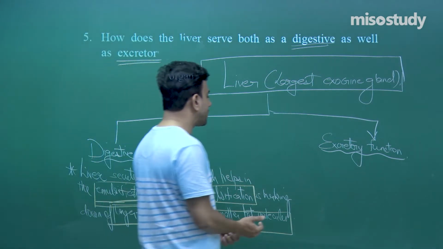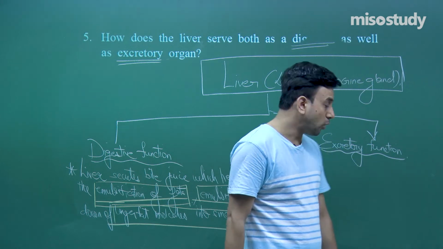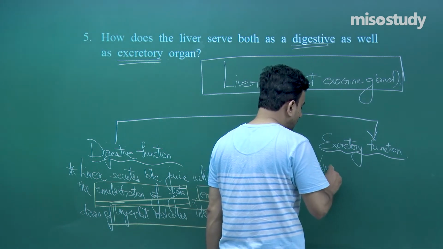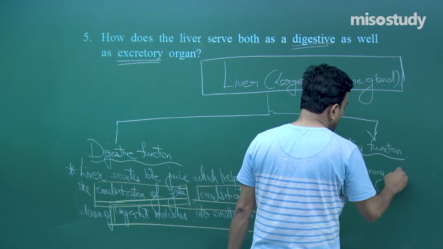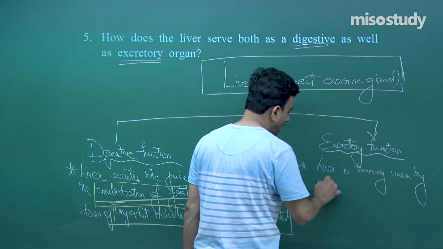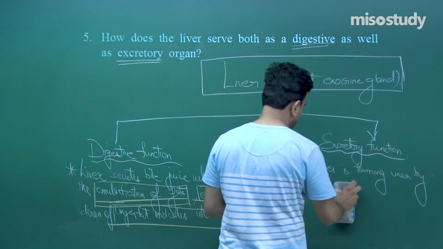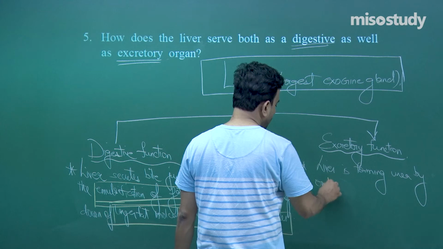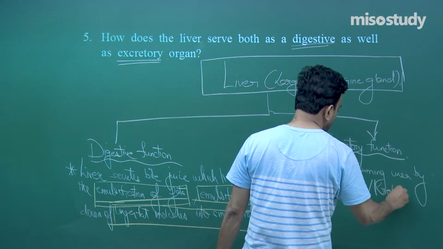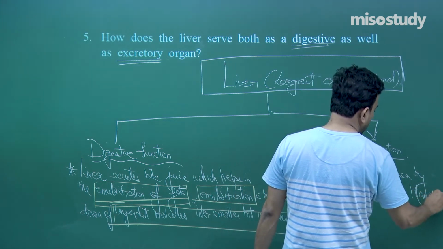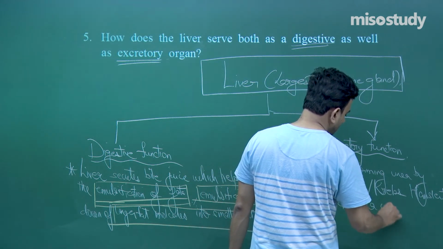Now, when we talk about the excretory function, the liver is the principal organ of excretion after the kidney, we can say. So, what is the liver doing? The liver is forming urea by the ornithine cycle, or the Krebs-Henseleit cycle, or the urea cycle, okay.